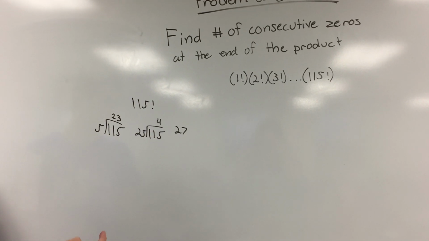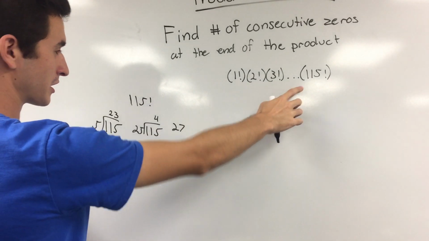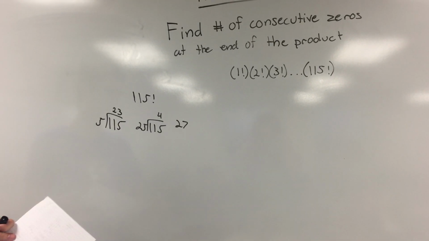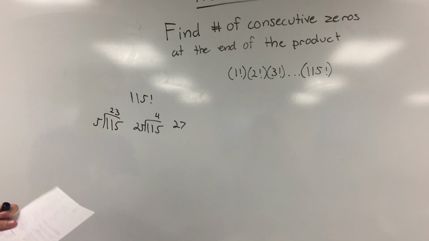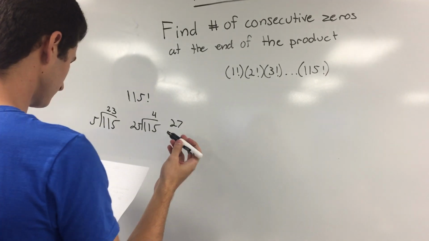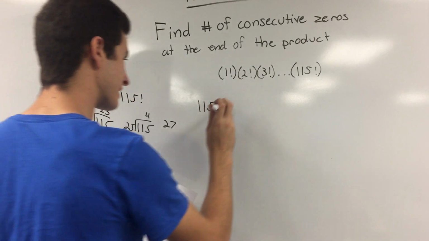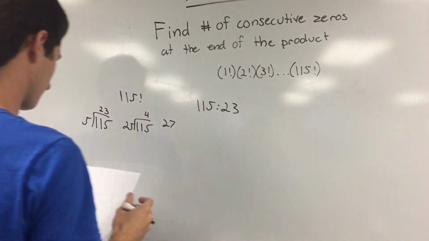So we're going to have to do that for every number from 1 to 115. That might sound difficult, but there's going to be a pattern that we'll see, and then it'll make it a lot easier. If we look at 115, we saw that 5 goes into that 23 times.